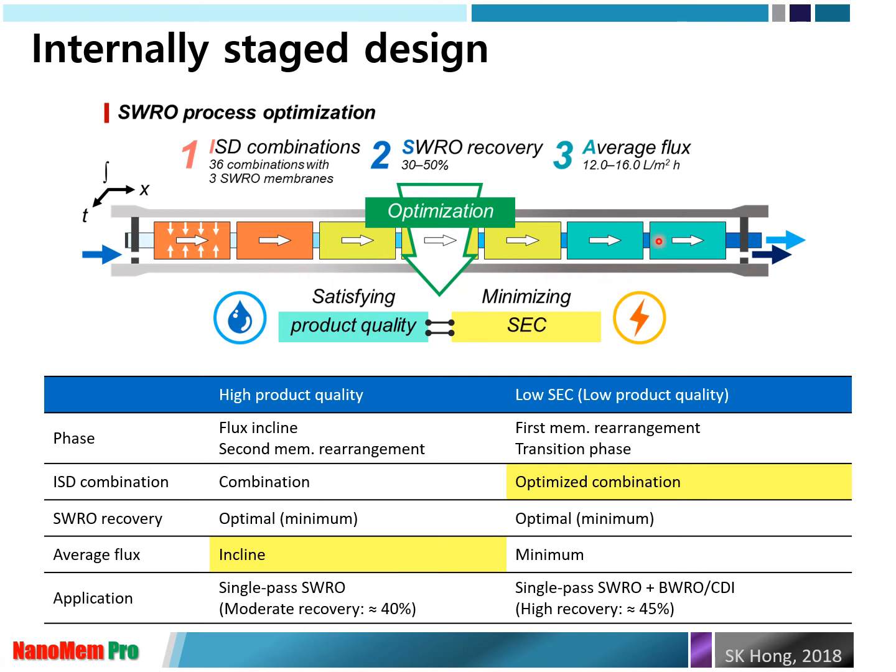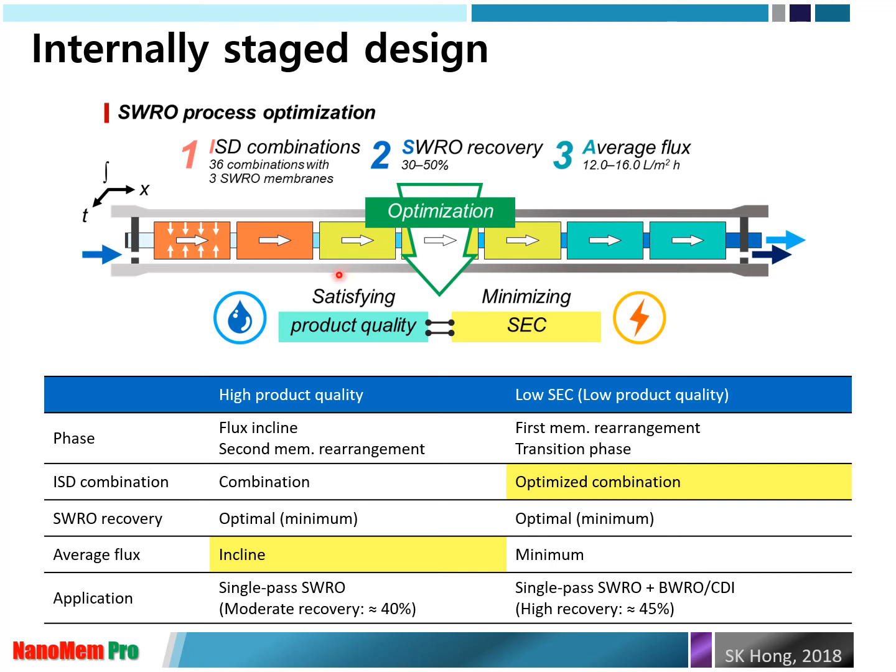So they have a different rejection and permeability, so that we can allocate different locations and produce better quality of water as well as lower energy consumption.